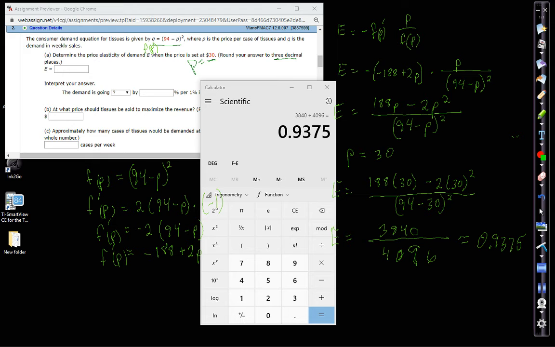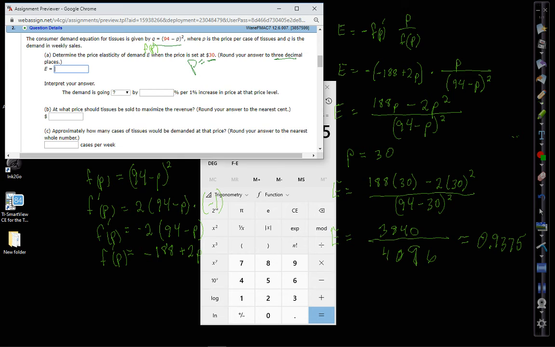They want it to 3 decimal places, so 0.938. What that means is we actually want to sell it at a higher price, right? Because it's less than 1. So this is what's called inelasticity. The value is less than 1, so it's not going to make much change in the revenue by moving the price up. So let's move the price up, and we should gain more revenue. Okay, so that's that first part.